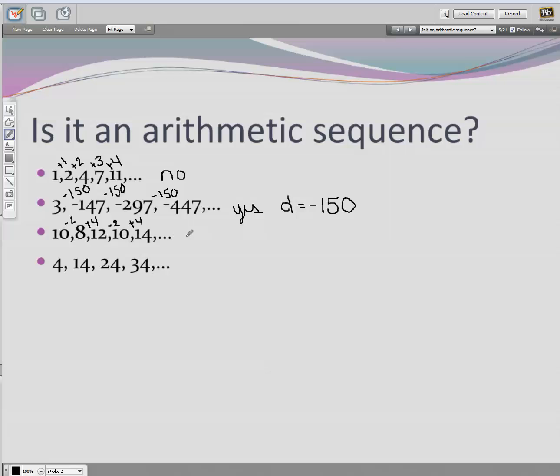So yes, even though there is a pattern, this is not arithmetic because we are not adding the same value each time. And the last one you can probably guess is yes, it is. We are adding 10 each time, so we would say the difference is 10. So that common difference is a positive 10.